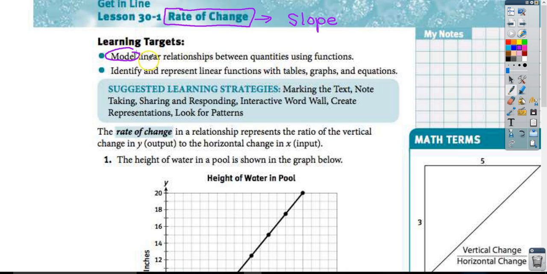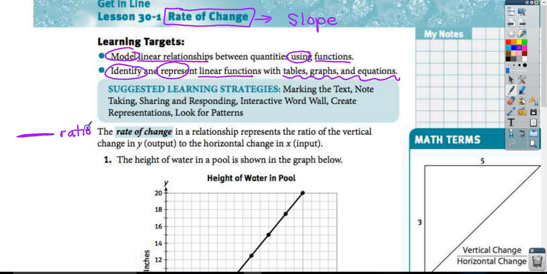So, our learning targets. We're going to model linear relationships between quantities using functions. Then we're going to identify and represent linear functions with tables, graphs, and equations. All right. The rate of change in a relationship represents the ratio of the vertical change in y to the horizontal change in x. So if we drew that, we would put our little fraction bar. Okay, on top, this fraction bar, that's where we get the ratio.